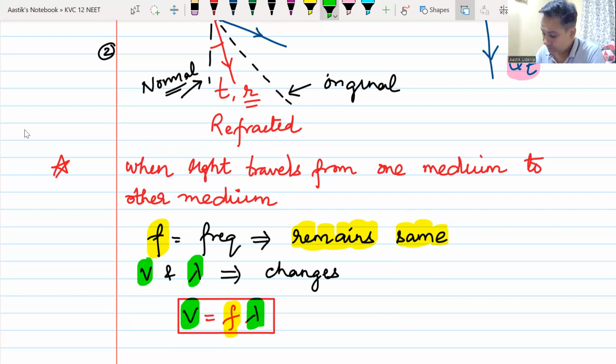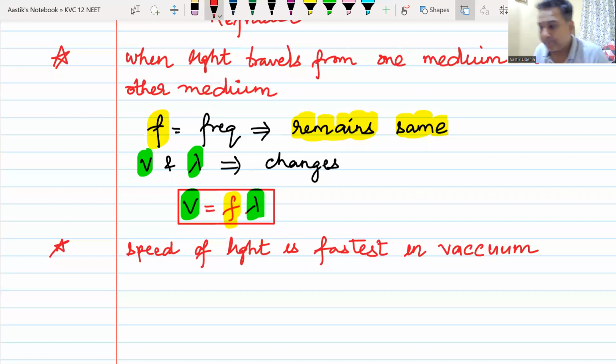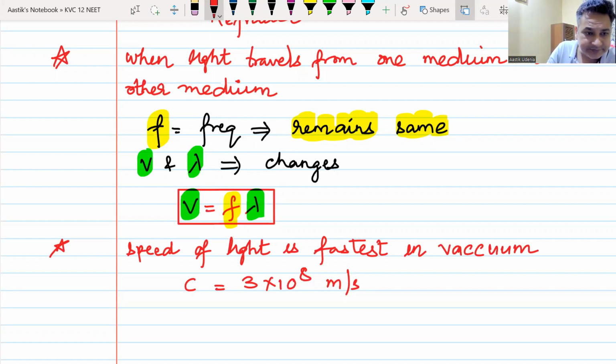The speed of light, or any electromagnetic wave, is fastest in vacuum, and we call it c, which is 3 into 10 raised to the power 8 meter per second. Do we understand this?